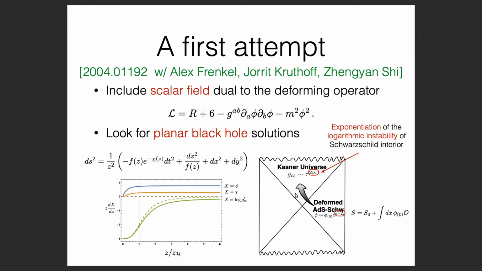There's the horizon where g_tt vanishes, the boundary where it's growing in the hyperbolic space, and the singularity is the behavior of this as z goes to 0. That's what I mean. By towards the singularity, I just mean the behavior of this solution towards the singularity. All of the various metric components have a power law behavior. So that answers your question?